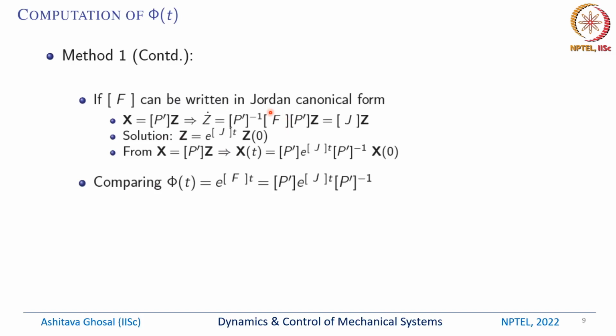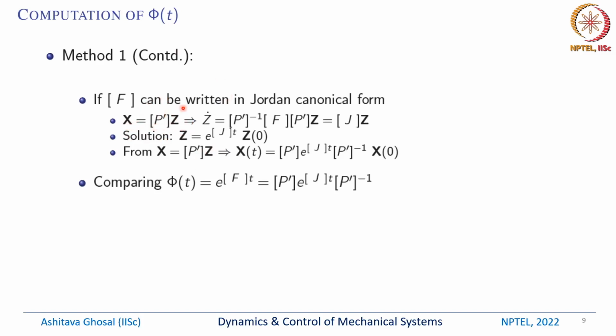If F can be written in the Jordan canonical form, meaning that some of the eigenvalues are repeated, then again we can find out what is phi of t, which is the state transition matrix, and the procedure is as follows. So we write again x is some P prime z.